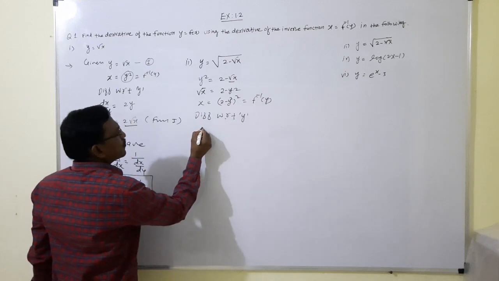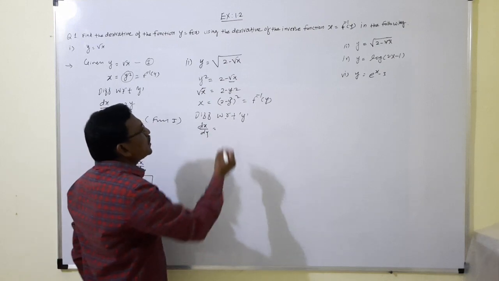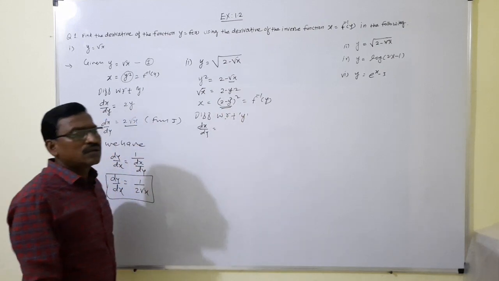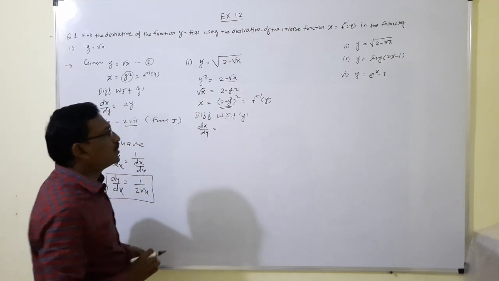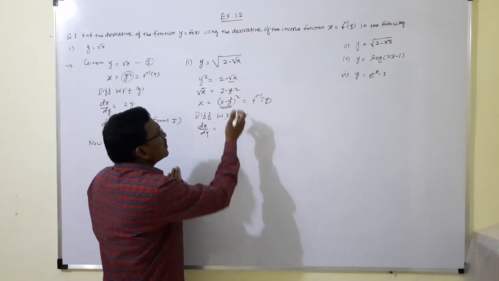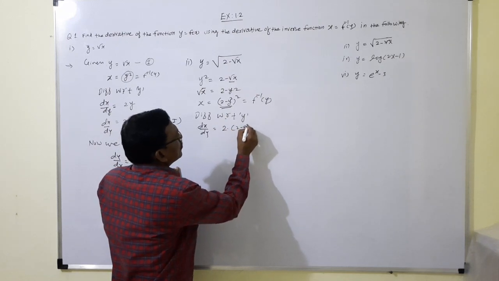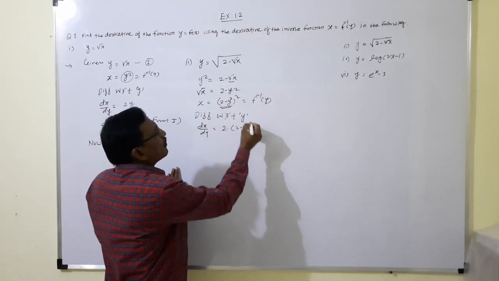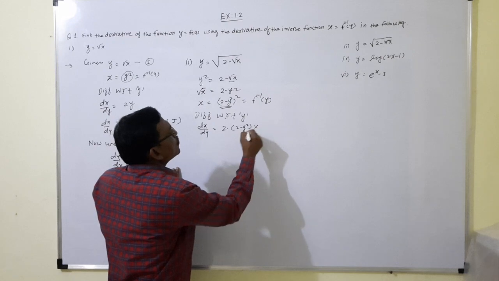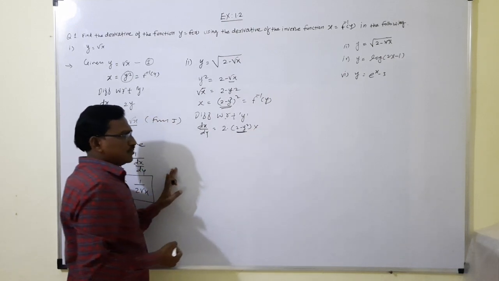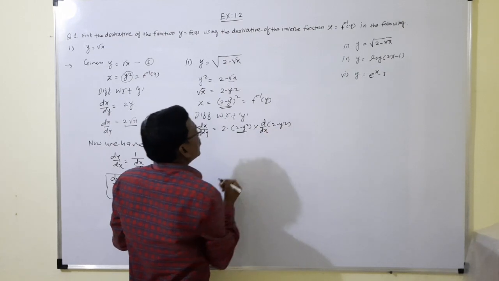So the derivative of x with respect to y, dx by dy, is equal to, here this function is like f of x raised to power n. The first derivative is power into that function to the power minus 1, 2 minus 1, which is 1 only, into, by chain rule, the derivative of 2 minus y square.